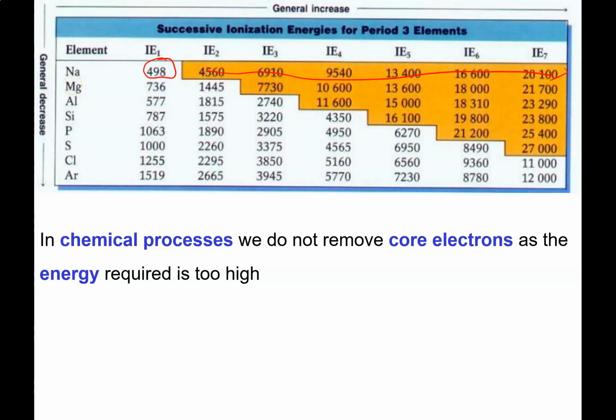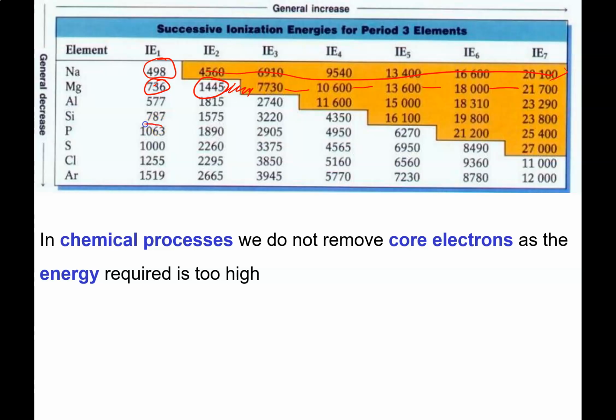When I move on to magnesium, we get a steady increase of around 700 kilojoules per mole from IE1 to IE2, and then there's a massive jump of over 6,000 kilojoules, and then a fairly steady difference in energy between subsequent ionization energies. So this tells us that magnesium has 2 valence electrons.